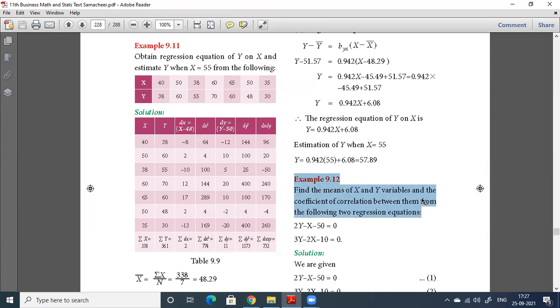Okay. Find the mean of variables x and y and the coefficient of correlation between them from the following 2 regression equations. Okay, this is a simple one.